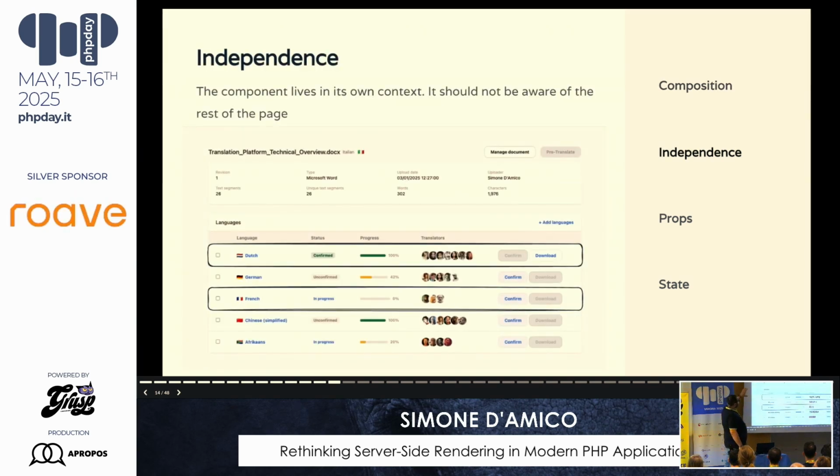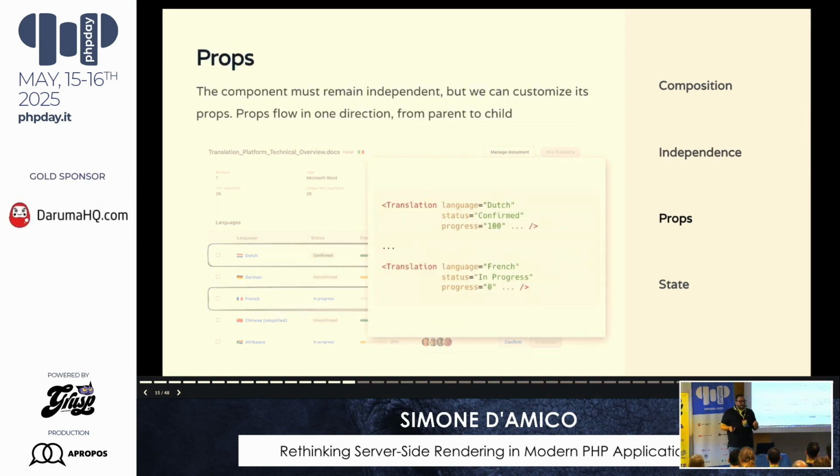Then we have independence, which means that the component lives in its own context, and so it is not aware of everything else that happens inside the page. Then we have props, the properties. Even though we said that the component must be independent, this doesn't mean that we cannot customize it.